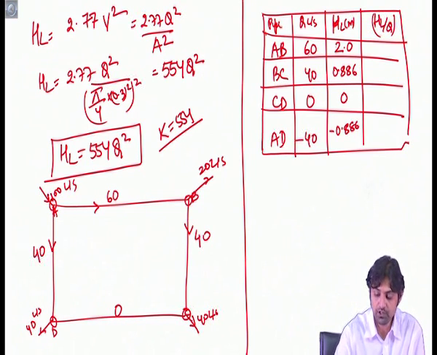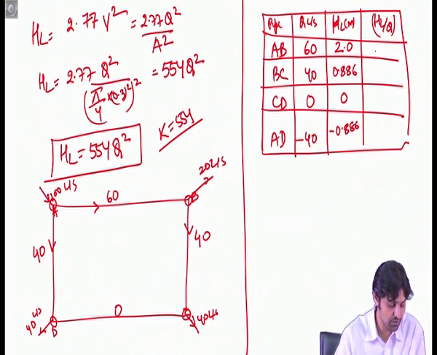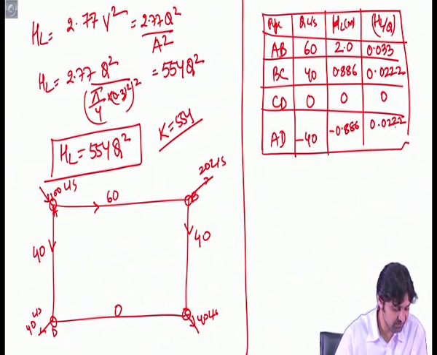We also calculate HL by Q, that is 2 by 60, because this is in meters and this is in liters per second. So HL by Q is 0.033, this will come 0.0222, this will come 0, and this will come 0.0222, same.